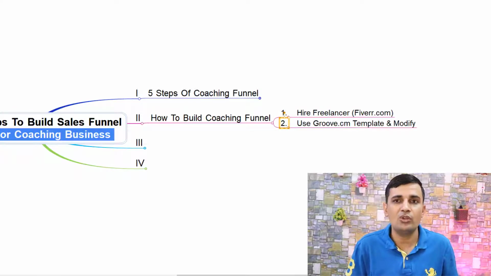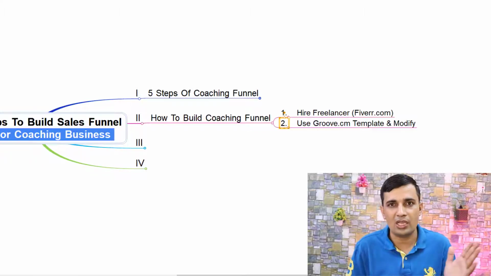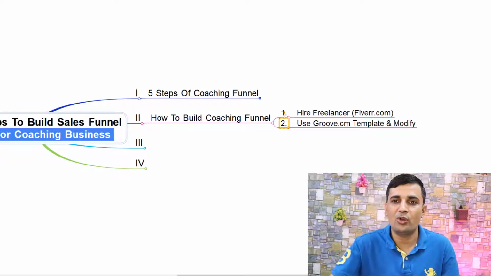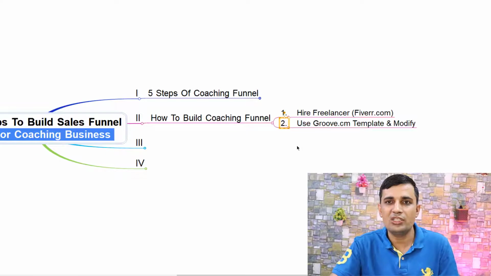If you don't want to invest money in freelancers and if you want to learn building funnels by yourself, then you can use Groove.cm. In its free plan, you can make a funnel. There are thousands of templates. After importing your template, you can modify it as per your requirements. So these are the 2 ways to build your coaching funnels. Which one are you going to use? Please comment below. Comment Fiverr or Groove.